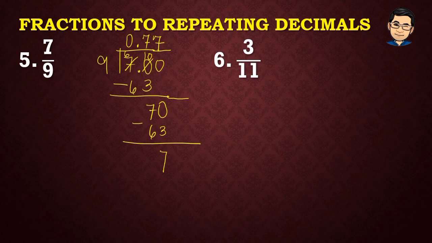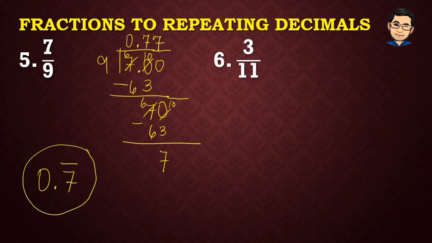So, pwede natin siyang itigil dito kasi repeating decimal siya. So, paano natin isusulat ang final answer natin? As you can see, sa quotient natin, yung repeating digit natin is 7. So, isusulat natin siya as 0.7 and then vinculum. 0.7 repeating. So, this is our final answer.